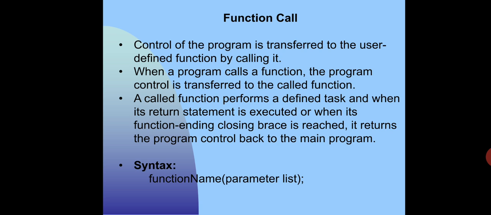Then that called function will perform all the different tasks. That is, many tasks will be provided in that function, that is a group of statements. It will perform the execution of all the statements defined in that function. Then it will return to the main program.